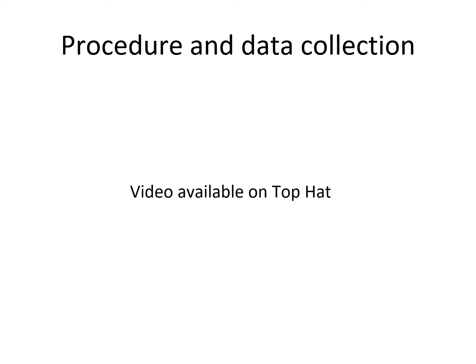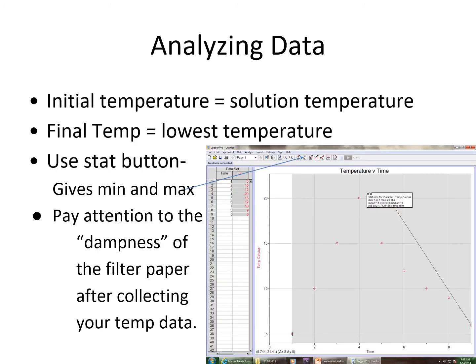And these 7 compounds will be allowed to evaporate from a filter paper that is attached to a temperature probe, and the temperature probe will enable the measurement of the initial temperature and the final temperature after evaporation has occurred.